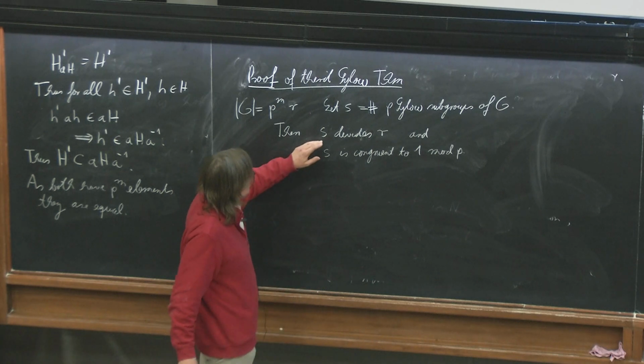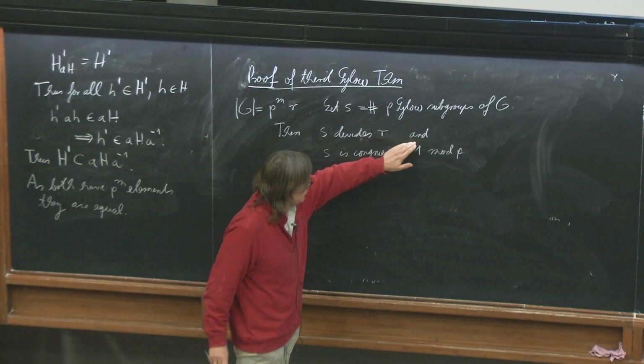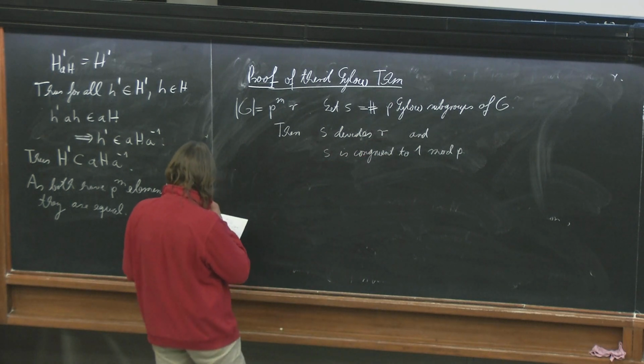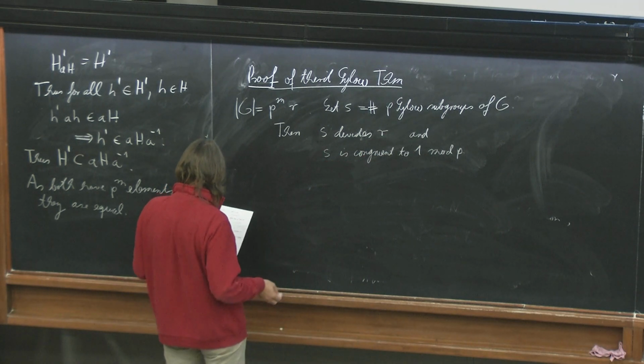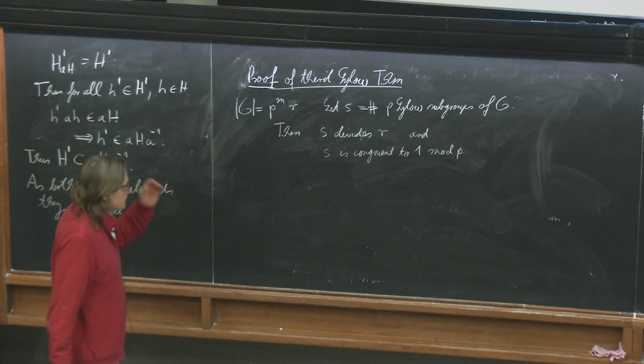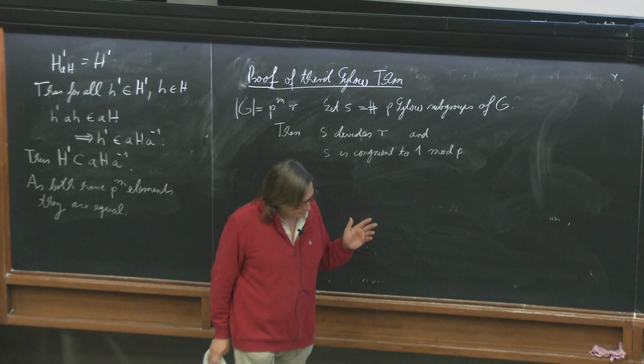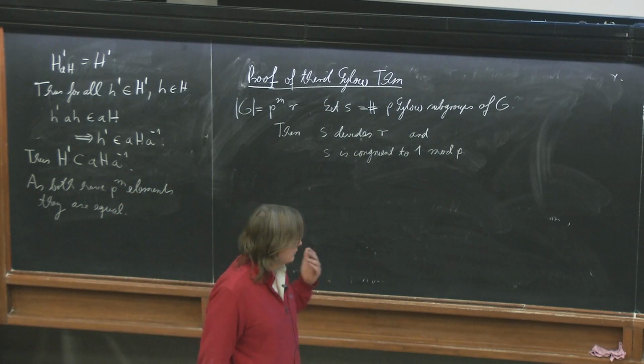So the first statement, that S divides r, is essentially trivial if one just spells out what the situation is. But again, using the second Sylow theorem. The second Sylow theorem says that all p-Sylow subgroups are conjugated.